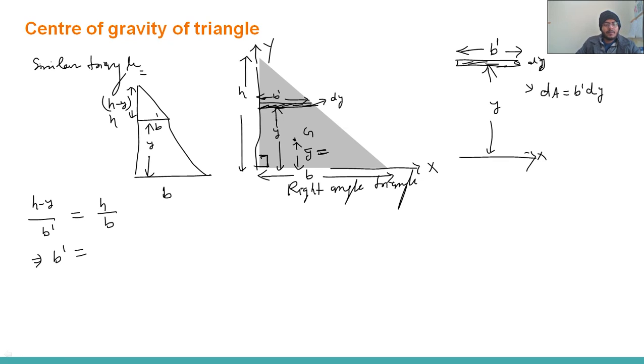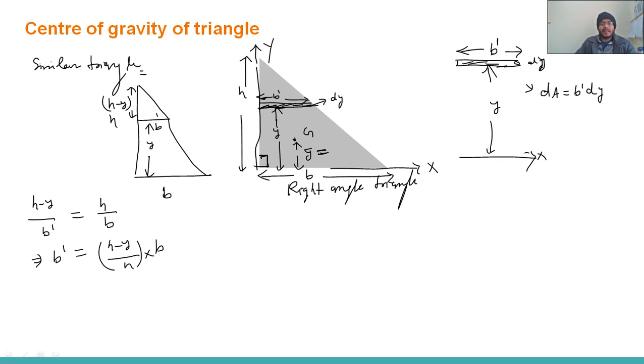So from here we have to calculate b dash. We can write b dash is equal to (h minus y) divided by h, into b.